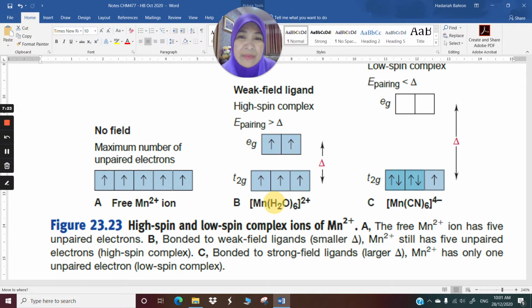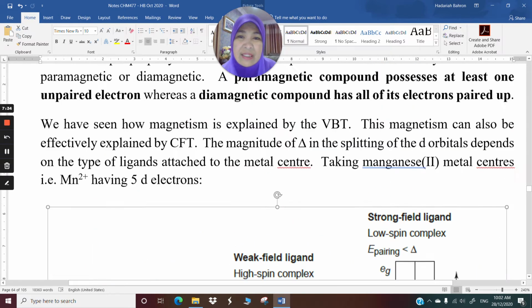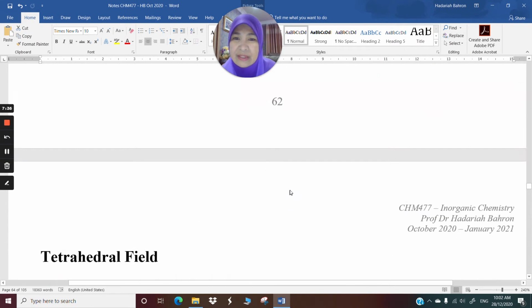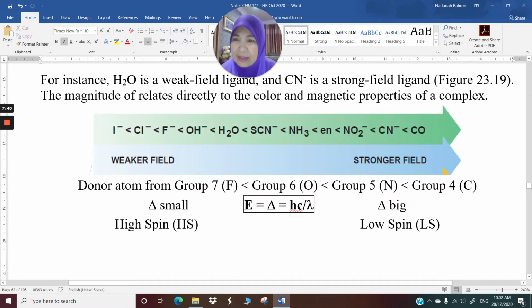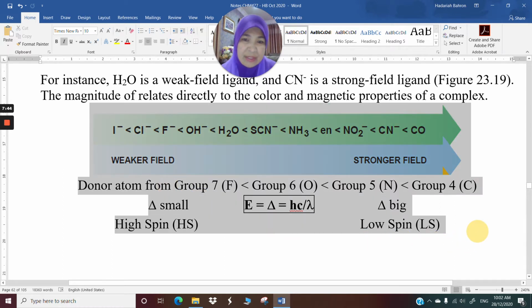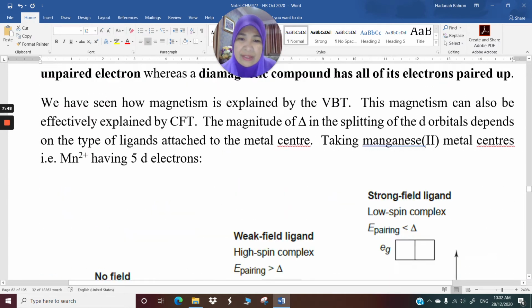Now, I have gone through with you the electrochemical series where water is a weak field ligand. Where is it? Let me take this and copy it into there so we can have a good discussion on the same page.